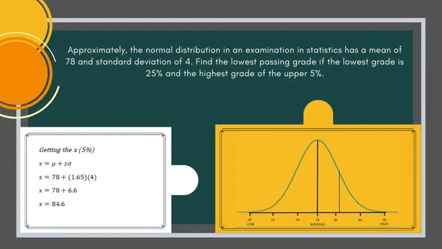And the result of 78 plus 6.6 will be 84.6. Katulad ng ginawa natin kanina, i-round off natin ang ating sagot na 84.6 to 85 since this is applied in reality. Therefore, the highest grade of the upper 5% is 85.